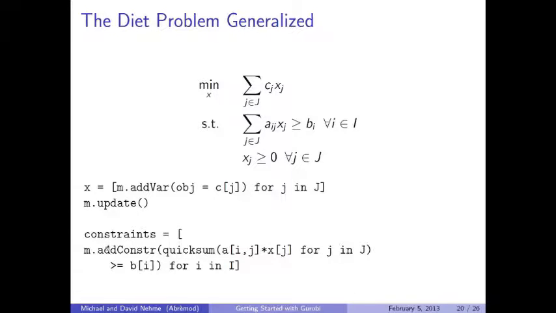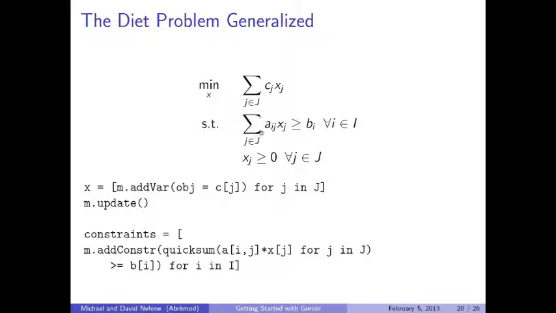And finally, I add my structural constraints. I'm going to call the addConstr method to add structural constraints. Each of my structural constraints has a summation in it, but Gurobi provides a method called quicksum that allows us to easily sum up large sets of decision variables.